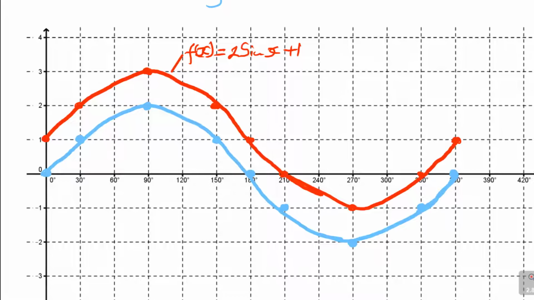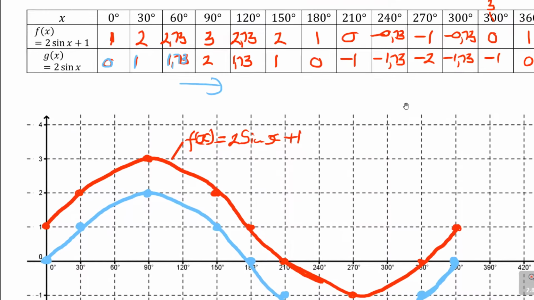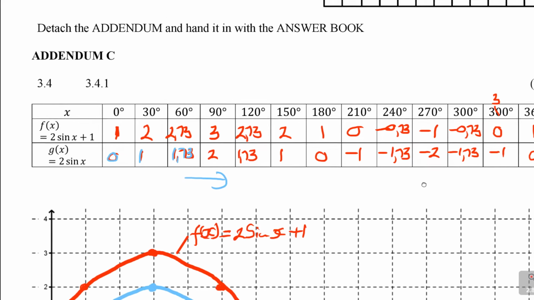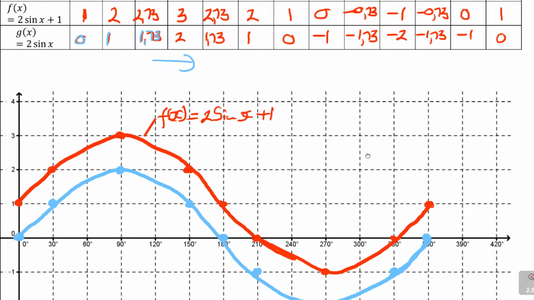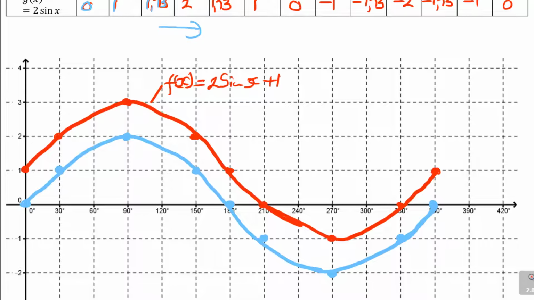Okay, so now when I've drawn these graphs like that, what is the question saying? So these are the graphs, they give you 6 marks. They will want this completed. They will want the shape. Oh, you know what I did? I didn't label this one.